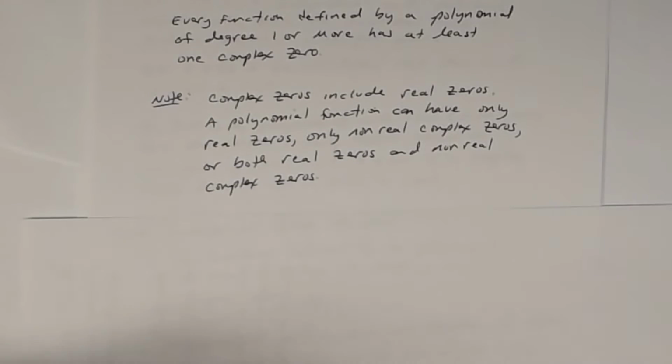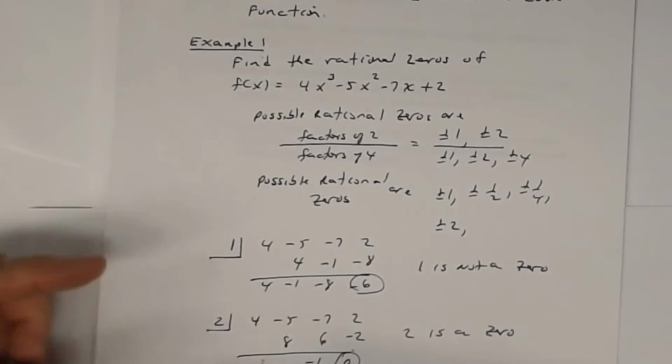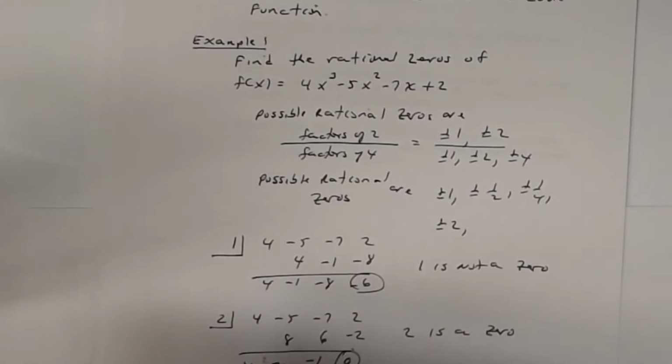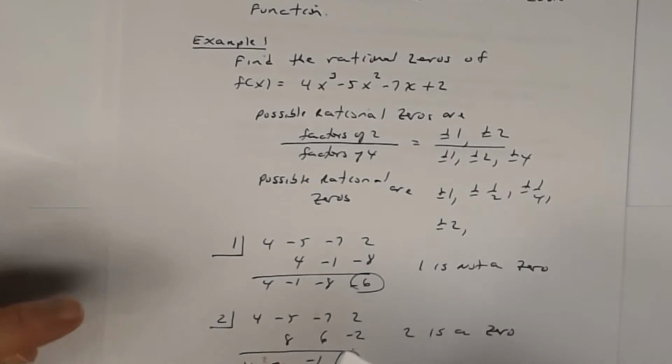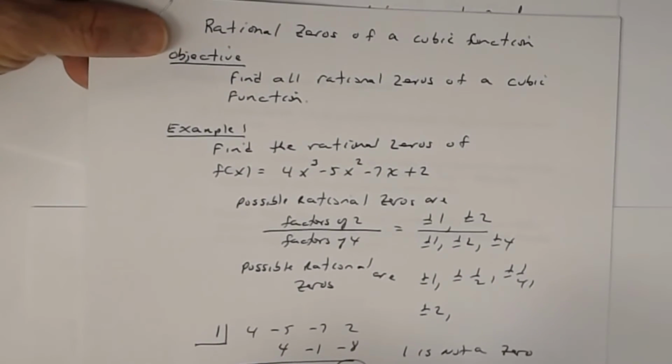Okay? So in all of our examples, if you go back to the previous two lessons that we did, every polynomial function had at least one complex zero. In our first lesson dealing with rational zeros, they were rational.